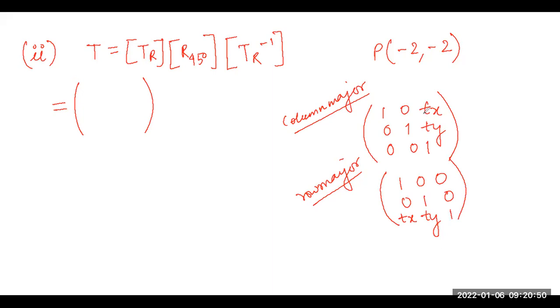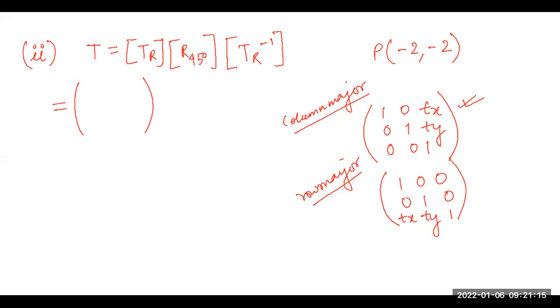So this is the transformation matrix in column major form. This is the transformation matrix which is followed in row major form. So for my sum, I will follow this matrix. If I follow this matrix, what is the value of TX units? -2, and TY units? Minus 2.